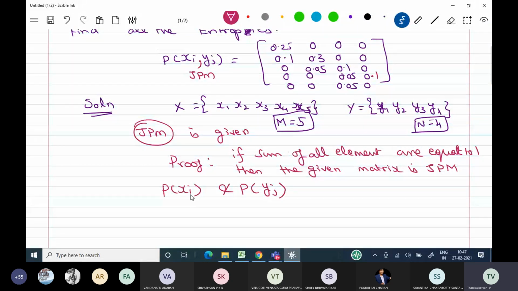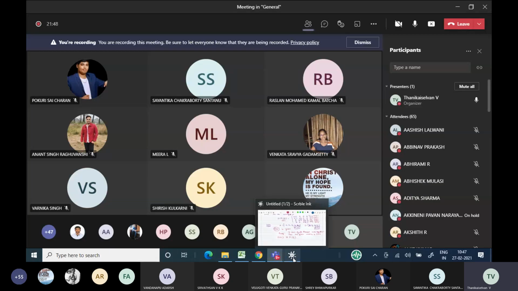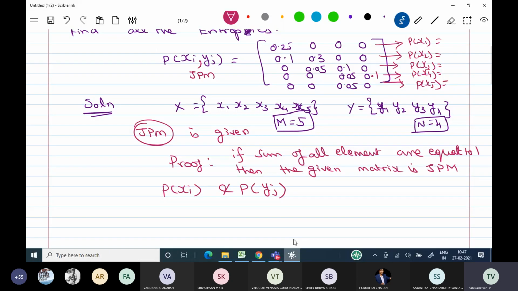Now I am going to calculate probability of xi. How to calculate? Row wise you add. There are 5 rows. This is going to be probability of x1, this is probability of x2, this is probability of x3, probability of x4, probability of x5. This is applicable only for the joint probability matrix, not for the conditional probability.